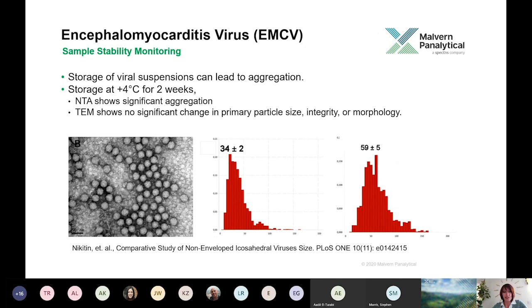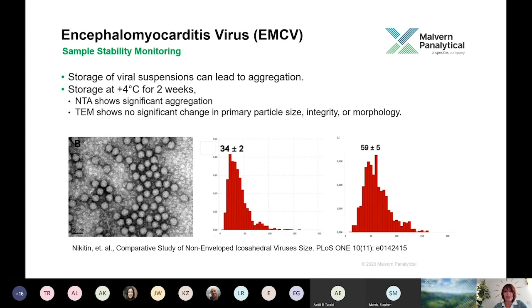Information about the aggregation state is also important for further use of the viral suspensions. It's well known that the storage of virus preparations leads to aggregation of virus particles. The effect of storage on the aggregation state of virions of EMCV virus was analyzed using two methods, NTA and TEM.